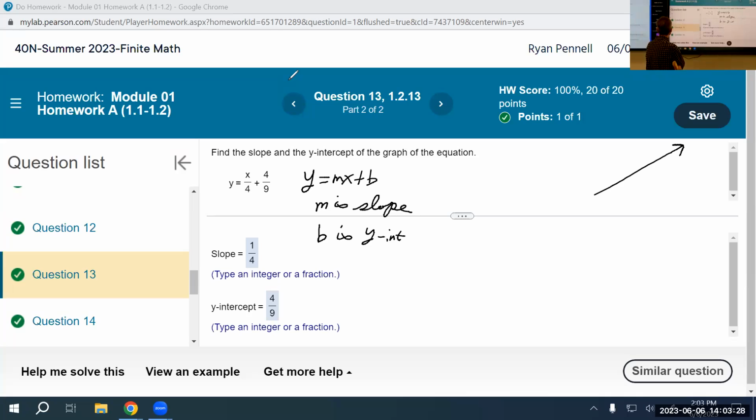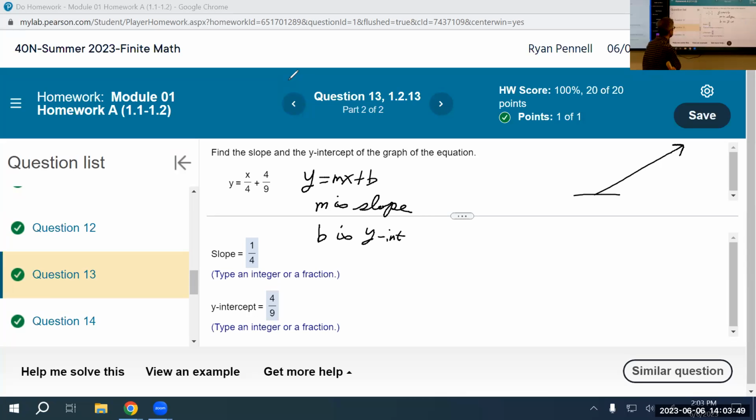I don't speak French, but that's the idea. So it's how steep it is. How steep is it climbing? And B is the base. So B is the base of the climb.